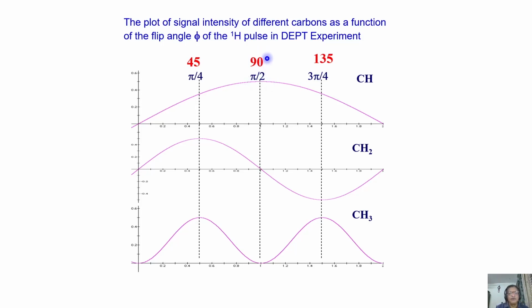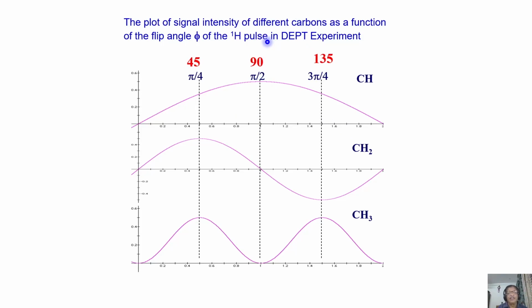Then you will remove all carbons which are CH2 and CH3 attached. That will not come at all. You get only the CH spectrum. Very interesting, right? So you are editing the spectrum. When you do a DEPT 90 experiment, all the peaks that you observe are only CH carbons. Very simple to identify.